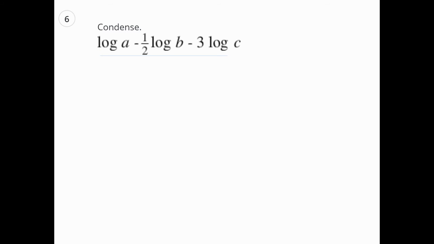But going backwards, we're actually going to unplug. If I look here, any number in front of the log can be unplugged. So I would have log A minus log B to the 1/2 minus log C to the 3rd.